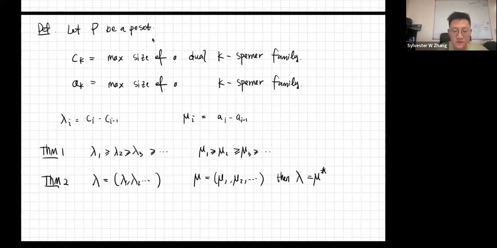Dual means that you take the conjugate, or flip the Young diagram across the diagonal. For example, the dual of this is that. That's pretty amazing: you swap chains to anti-chains and then you conjugate. That's pretty nice.